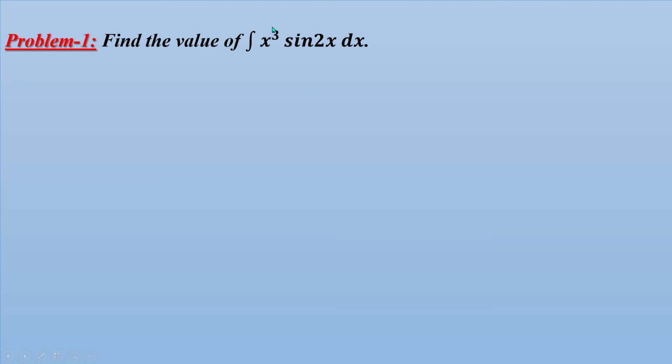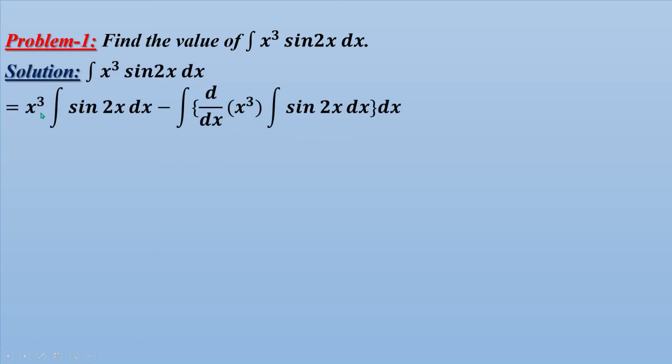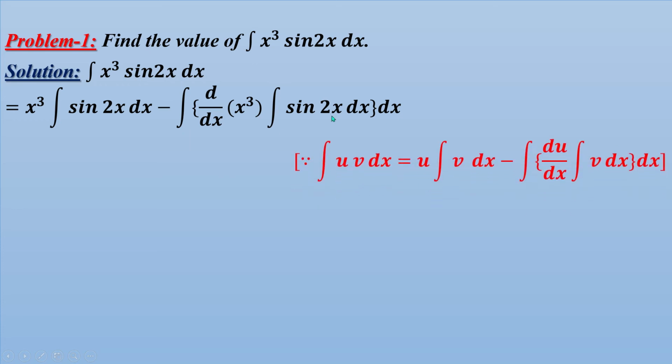So we take A as u, and this trigonometric ratio, T, as v. So the given integral is equal to u, that means the algebraic part, times the integration of the trigonometric function with respect to x, minus the integration of the derivative of x cube with respect to x times the integration of sine 2x dx, dx. That means this formula is used here.